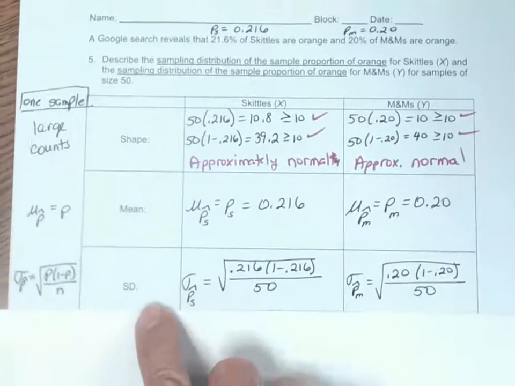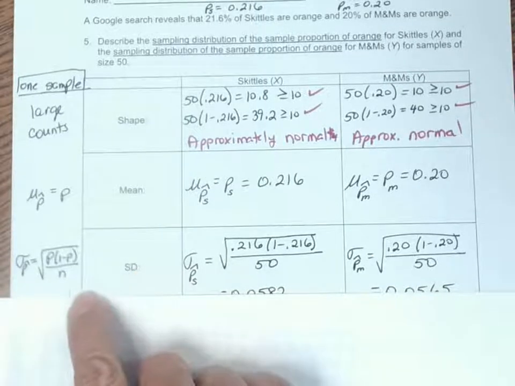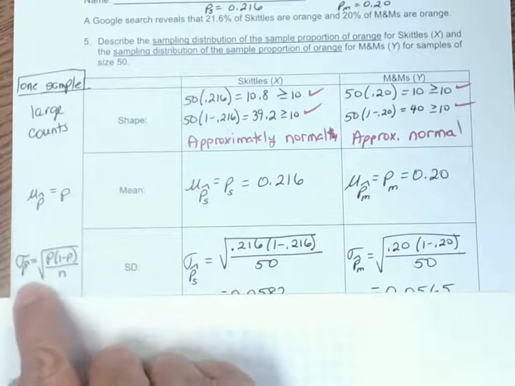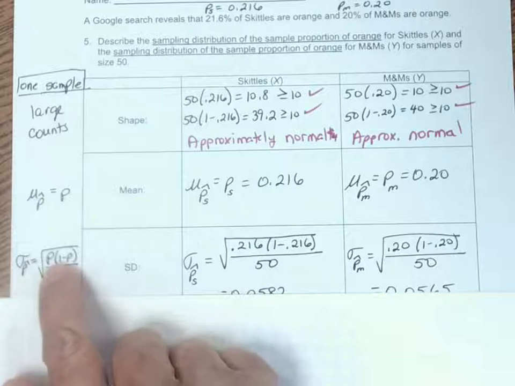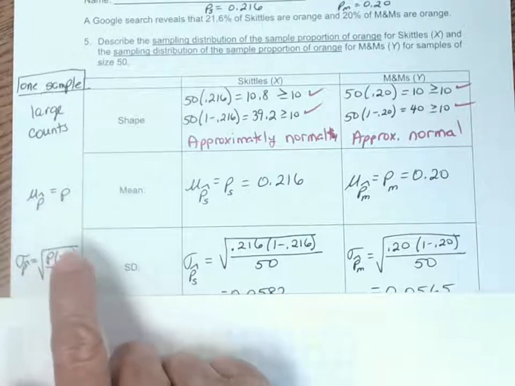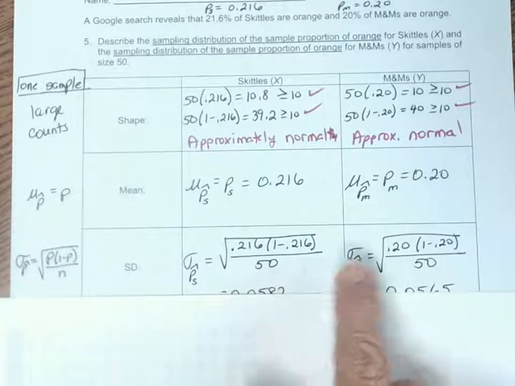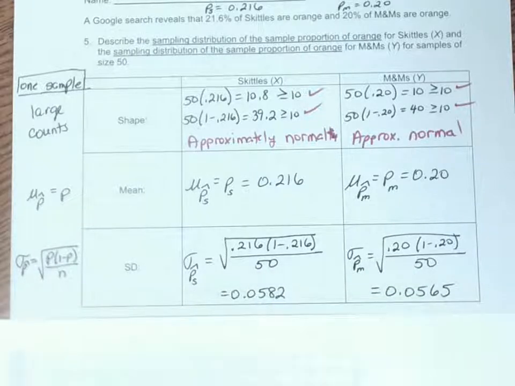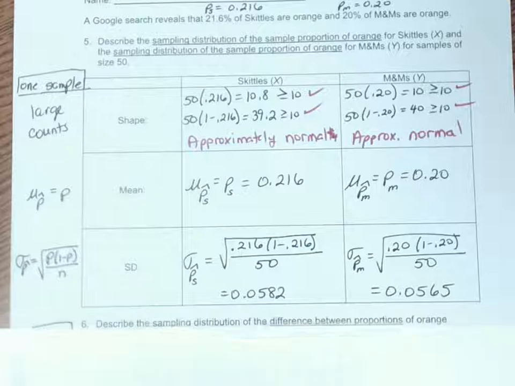The standard deviation, the formula that I have for standard deviation when I'm doing a sampling distribution of p hat is the square root of p times 1 minus p divided by n. And I went through and calculated that for both Skittles and M&Ms for you.